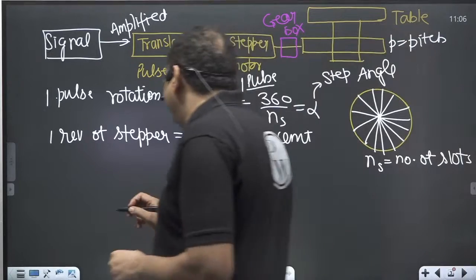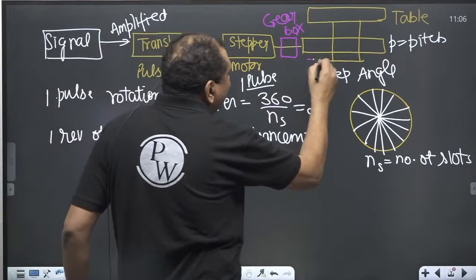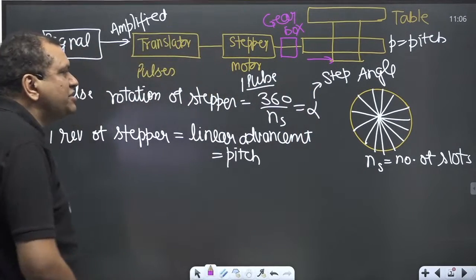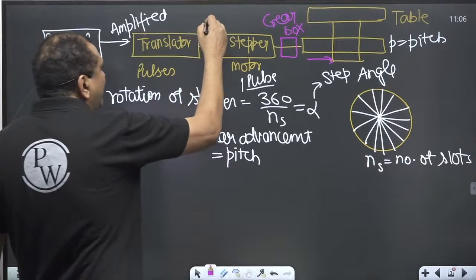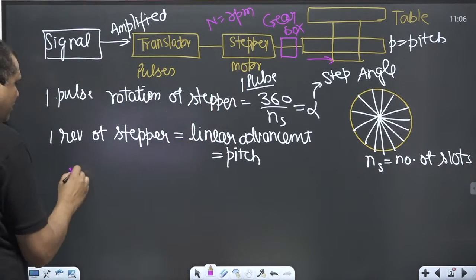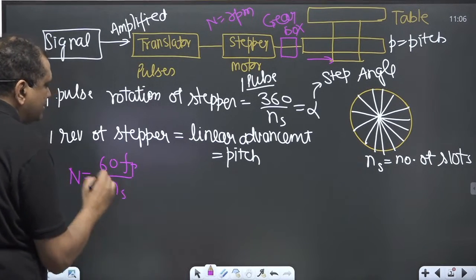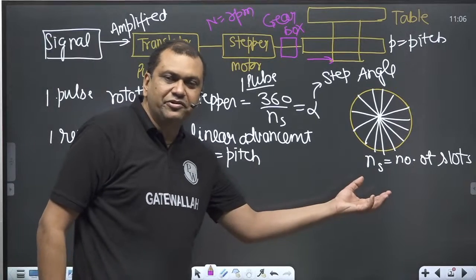Now as the stepper motor is rotating, the lead screw will move in this direction. Let us say N is the RPM of the stepper, and N is equal to 60 FP by NS. This formula we have proved during the crash course.